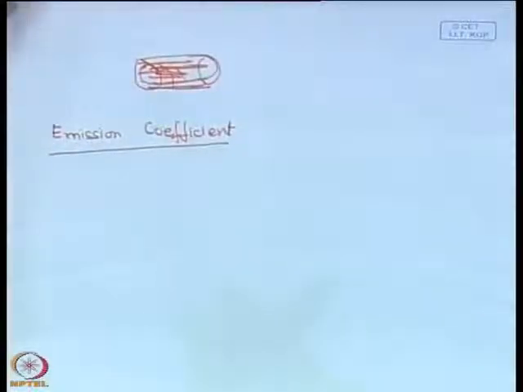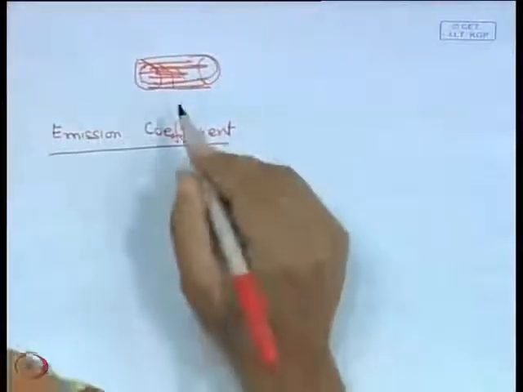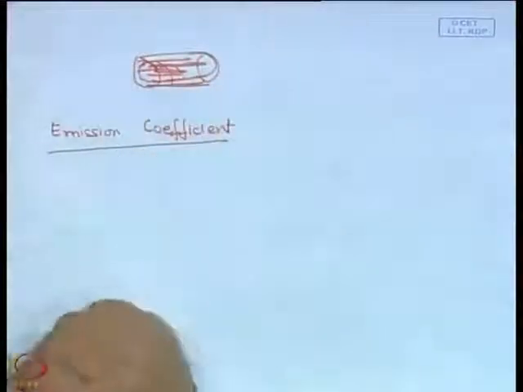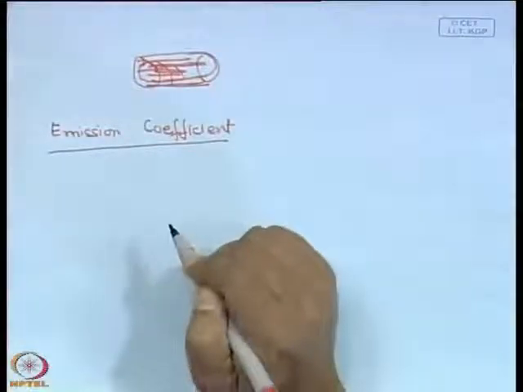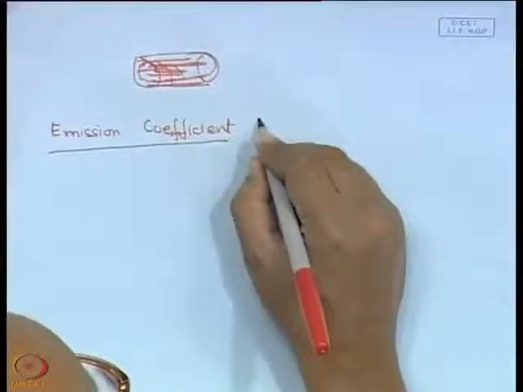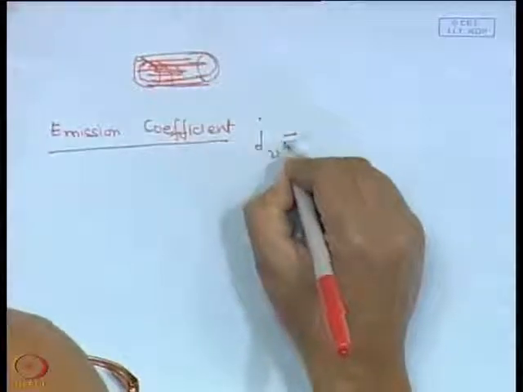So, let us ask the question: how much energy is emitted per second per unit volume in the frequency interval d nu in the solid angle interval d omega? That is J nu, the emission coefficient.